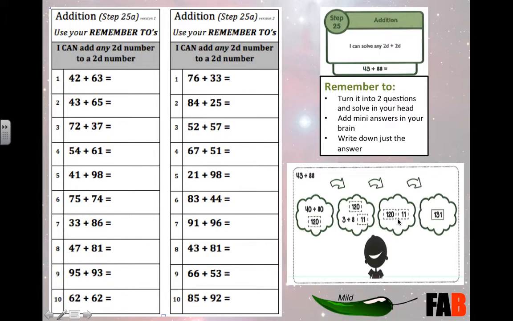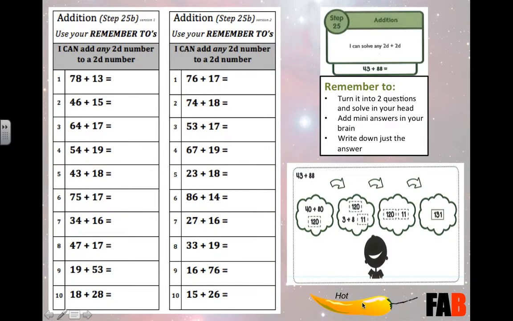So 120, 130, 131, and then we just write down the answer. Again, I recommend that you do at least 5 of those, and these are the brain only answers on our FAB continuum.